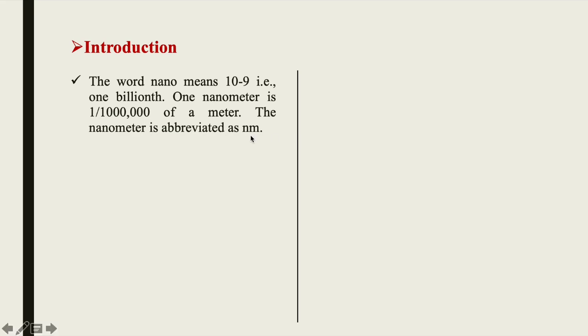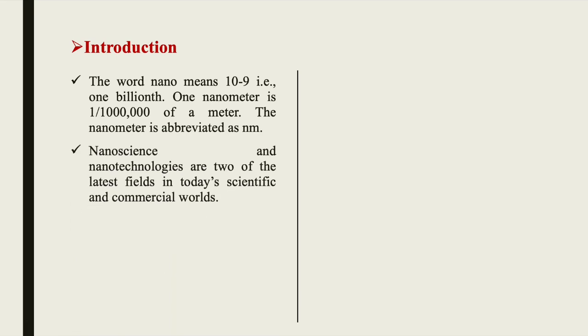Now nanoscience and nanotechnology are two of the latest fields in today's scientific and commercial world. So these two fields are related to the scientific as well as the commercial world.